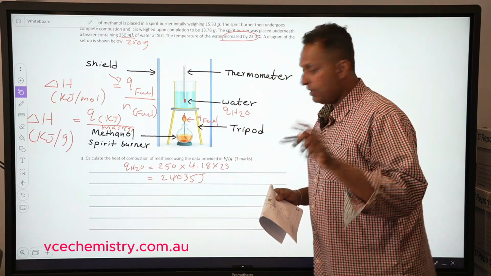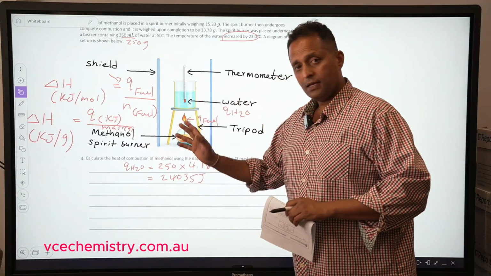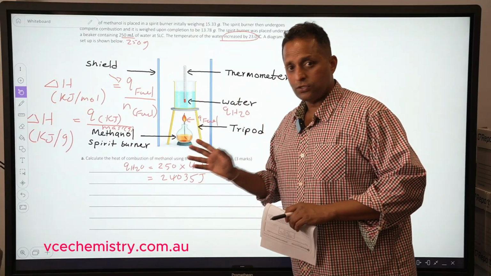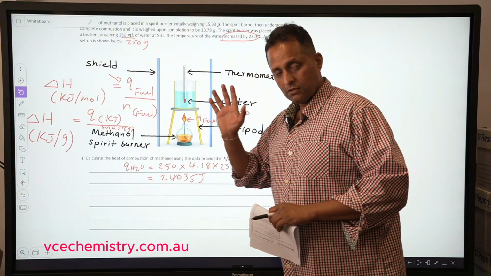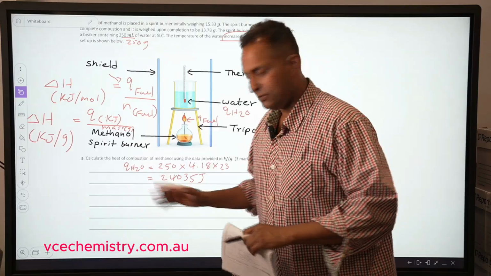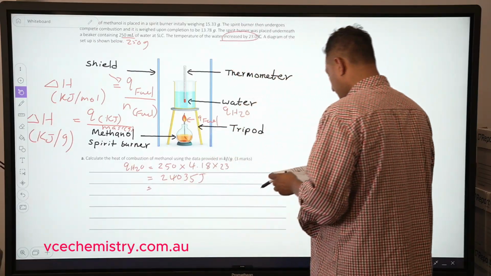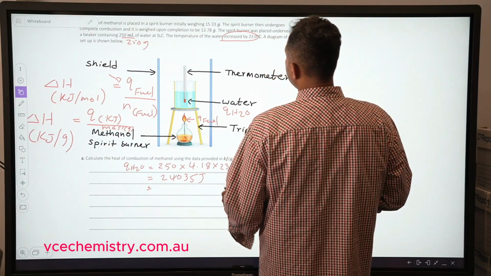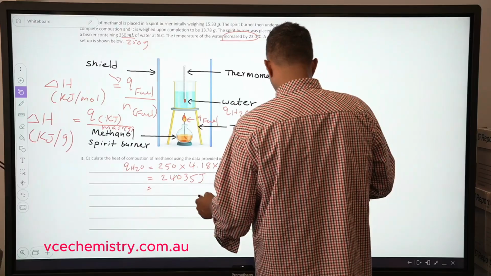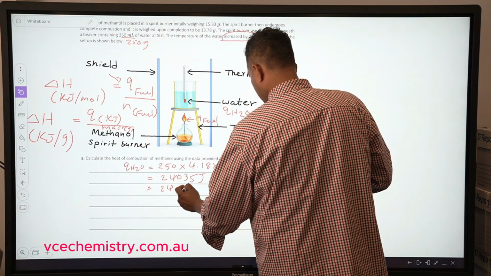Always remember, when you use QMCAT, the energy is going to be in joules, not kilojoules. All right, now you have to convert into kilojoules. That is what I was going to say. Which is how many significant figures? This is 3 significant figures, so we'll leave it as 24.0 kilojoules.